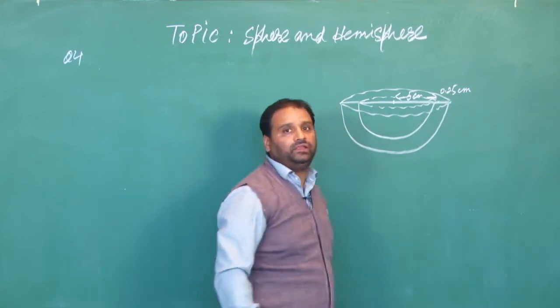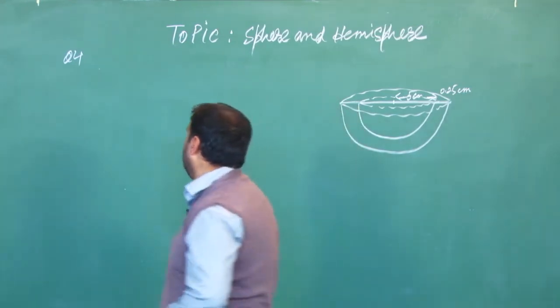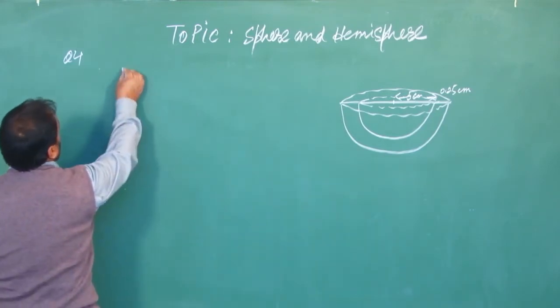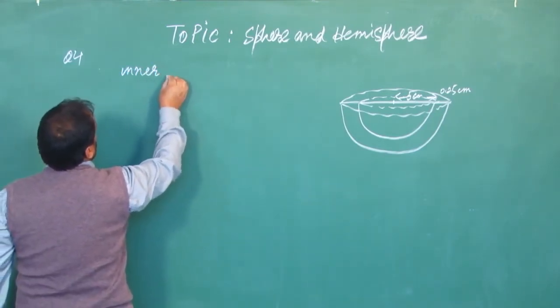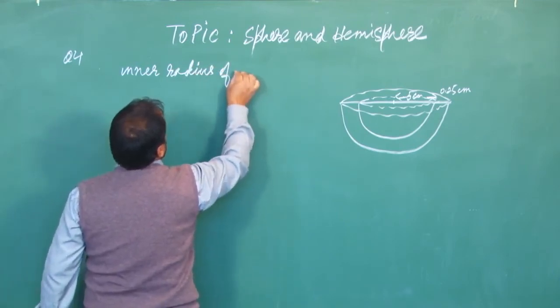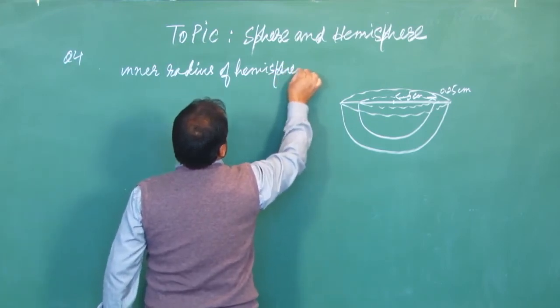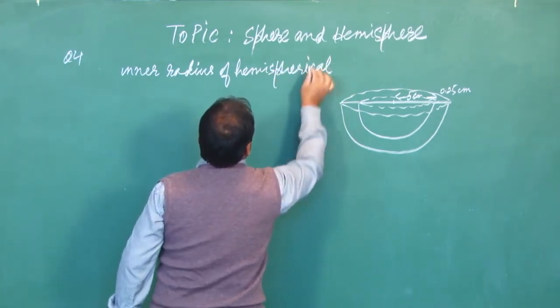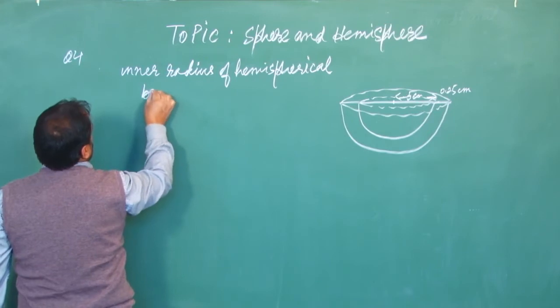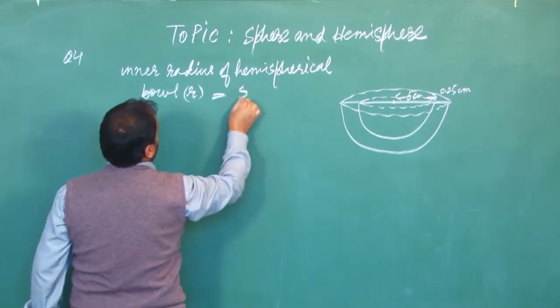We need to find the outer curved surface area of that hemisphere. Now, we are given the inner radius of hemispherical ball, to be denoted by small r, and it is equal to 5 centimeter.